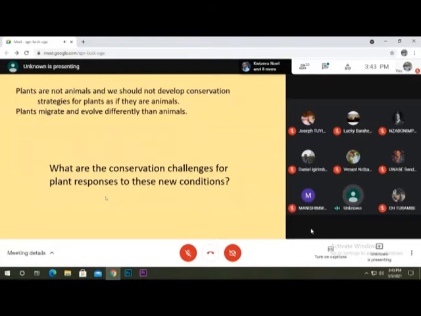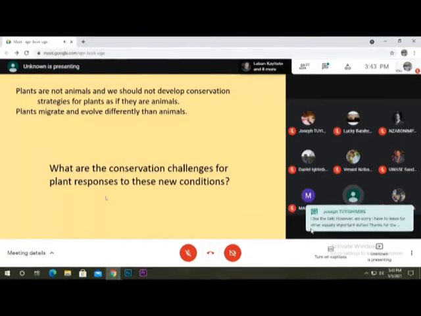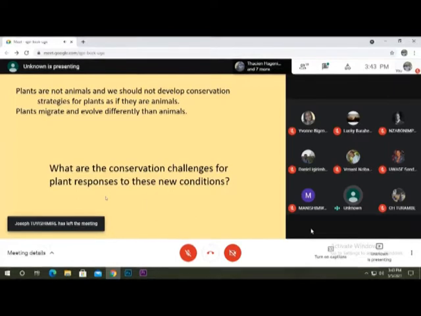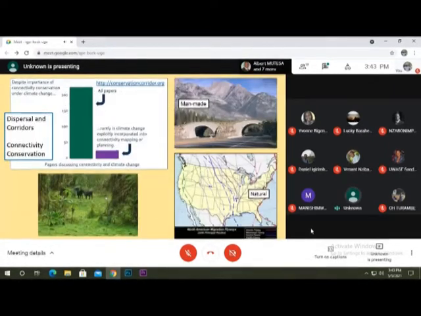So plants are not animals. We shouldn't expect and develop conservation strategies for them the same way. Plants migrate, they evolve differently than animals. And so then what are the conservation challenges for plant responses in these new conditions? So all of you spend so much time, I'm always impressed with the level of conservation knowledge in Rwanda.